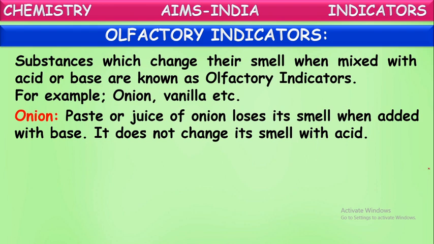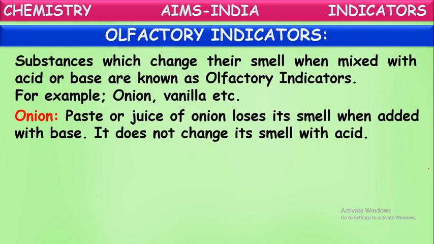When this onion juice or paste is mixed with a base, it loses its odor. We know the smell of onions. The hot smell will be there for the onions. When it is mixed with bases, it loses its smell. When it is added with acids, it won't lose its smell. In that way, bases can be detected using onion juice.